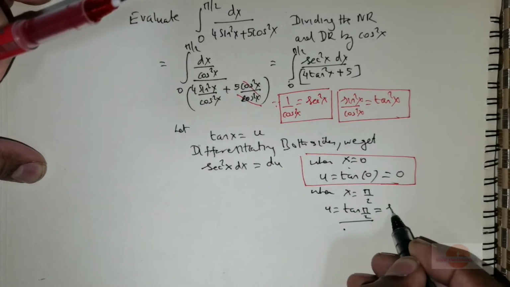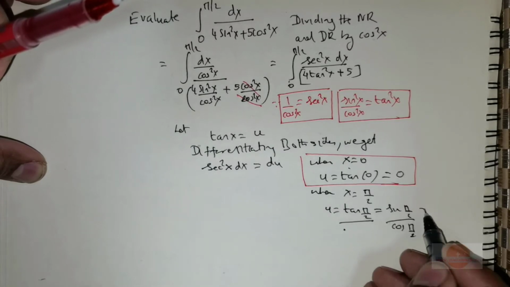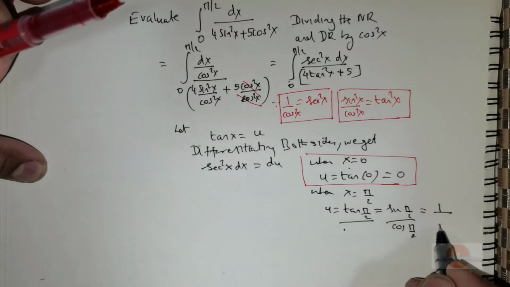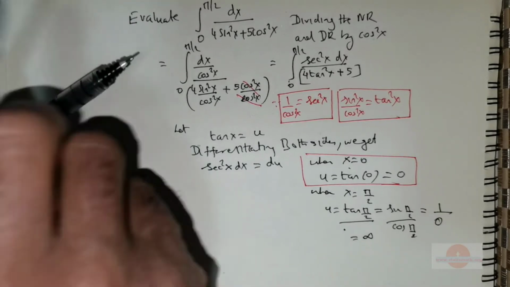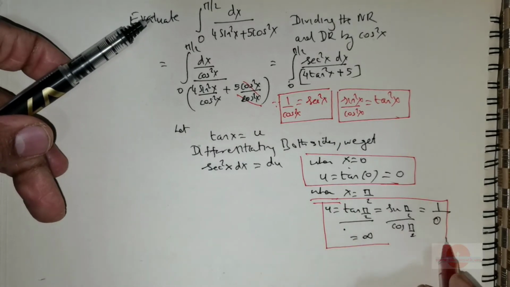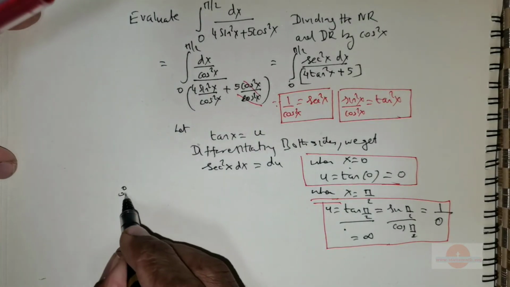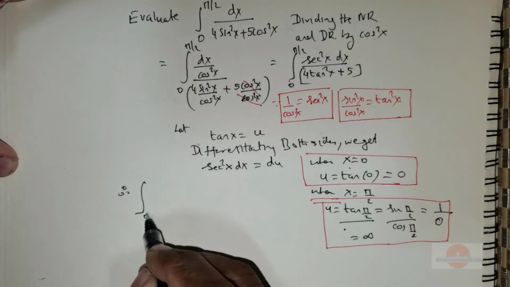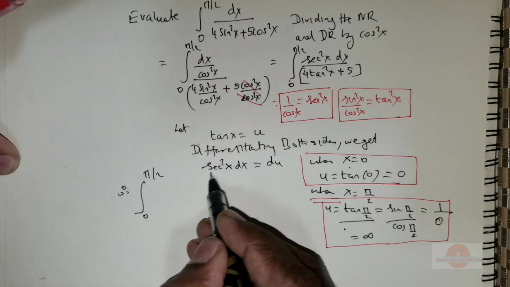So that is going to be nothing but sine pi over 2 divided by cos pi over 2. Sine pi over 2 is 1, cos pi over 2 is 0. So that means we have a limit as infinity. So this is the second value for the limits.